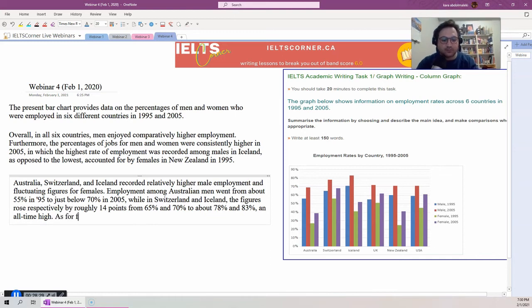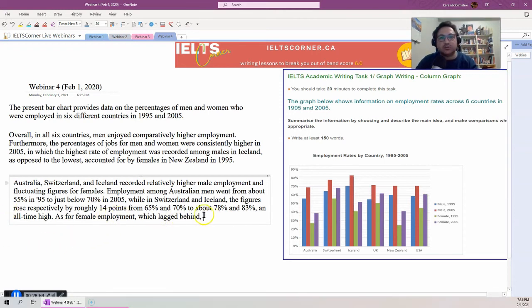As for female employment, here I'm moving on to females, to women. Female employment was always lagging behind, right? So we can just say that as an adjective clause, and this is an introductory element.